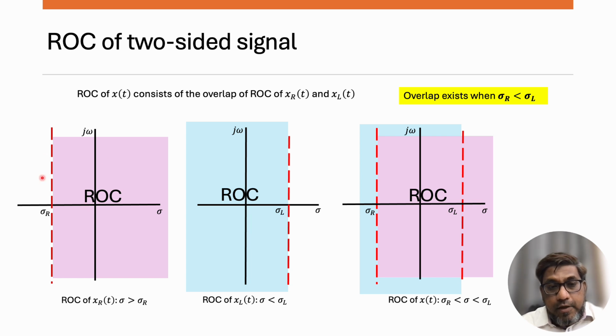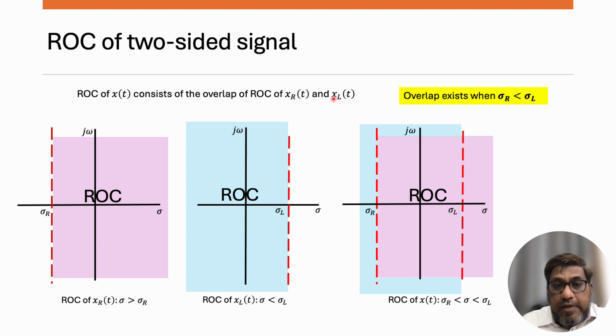So for the right-sided component, the ROC includes the region to the right of sigma r. So sigma r is some value of sigma, and ROC is extending to infinity towards the right-hand side of sigma r.